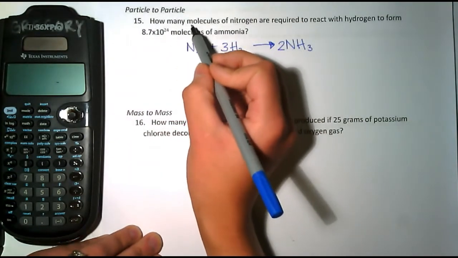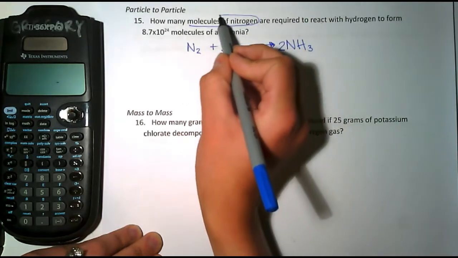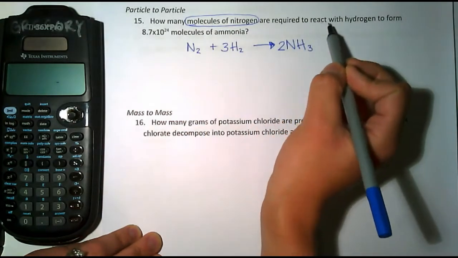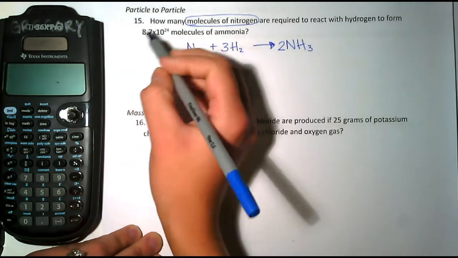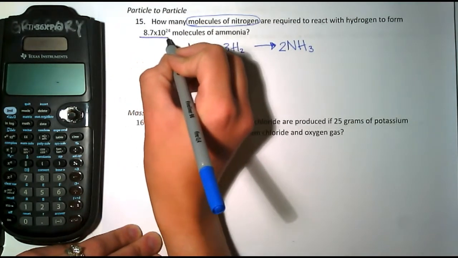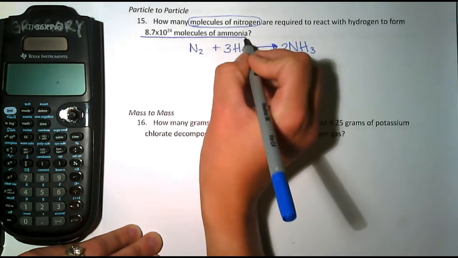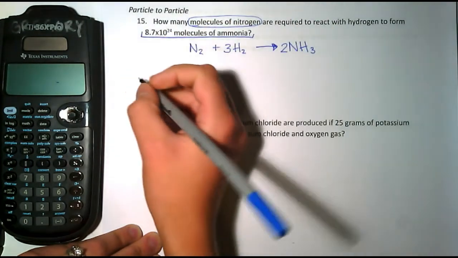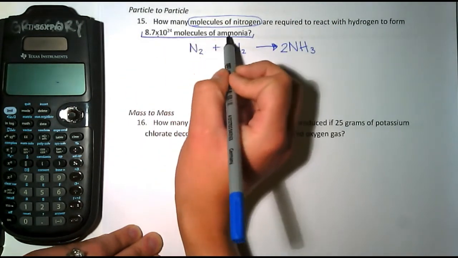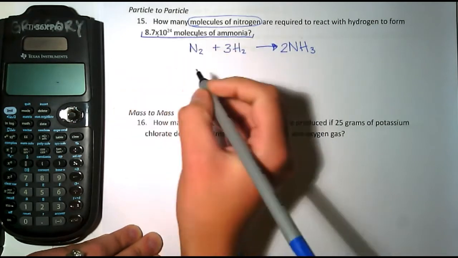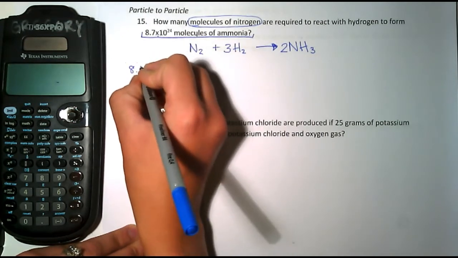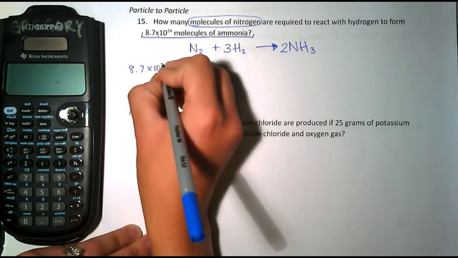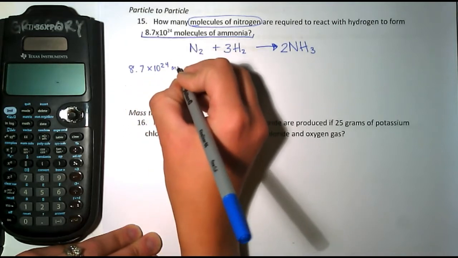How many molecules of nitrogen, so this is what we're looking for, are required to react with hydrogen to form 8.7 times 10 to the 24th molecules of ammonia. So that's our given value, substance, and unit. So we're going to start with that, 8.7 times 10 to the 24th molecules.